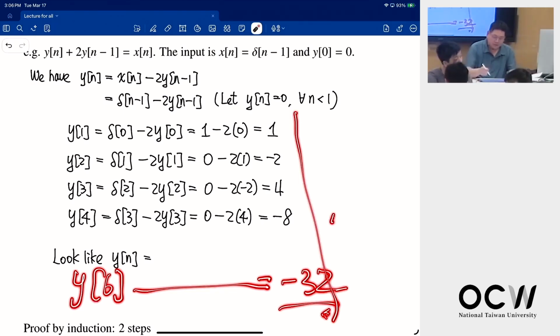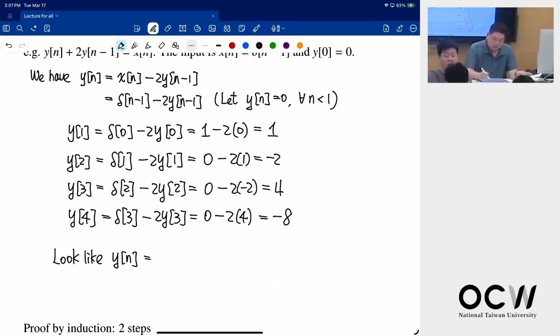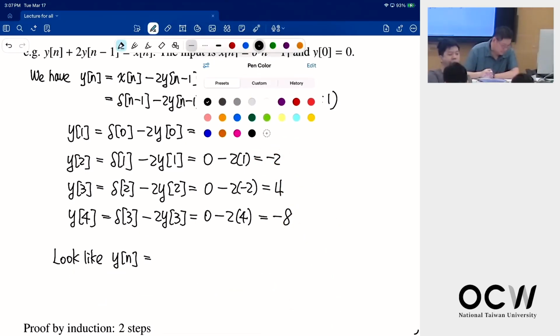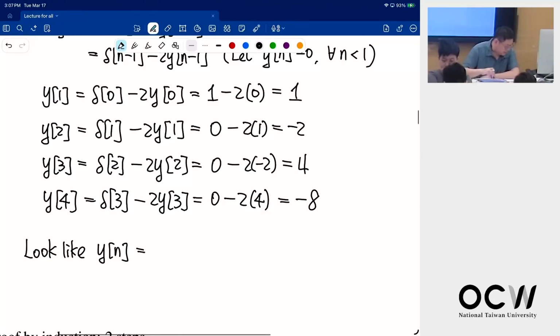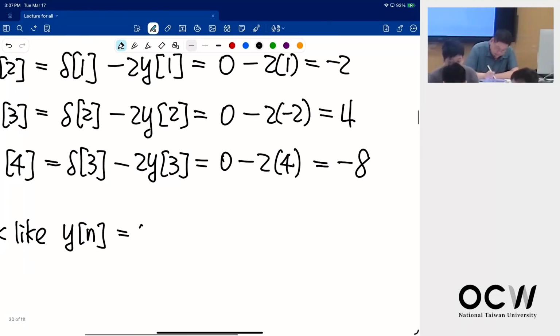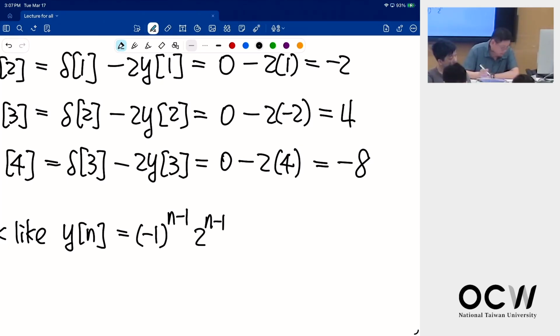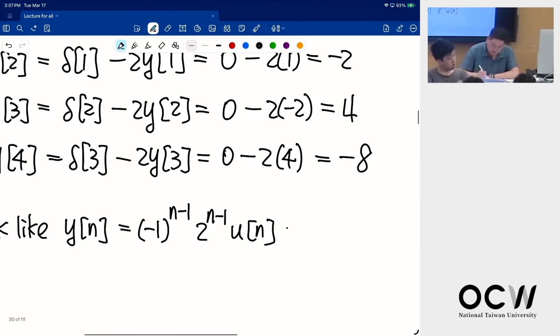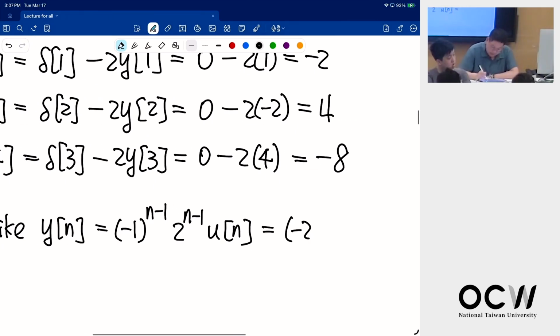For this pattern, 1 and then positive, negative, positive, negative, and it is a power of 2. So here we have (minus 1) to the m minus 1, and it is 2 to the m minus 1 times the unit step function, which is (minus 2) to the m minus 1 times the unit step function.